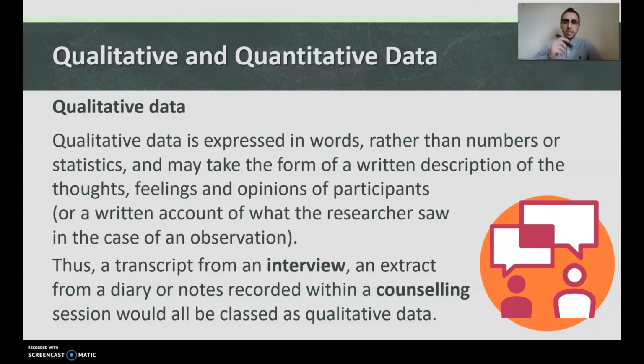So an observation is if I was to be writing down everything that I saw or everything that was said. Thus, a transcript from an interview, an extract from a diary, or notes recorded within a counseling session would be classed as qualitative data.